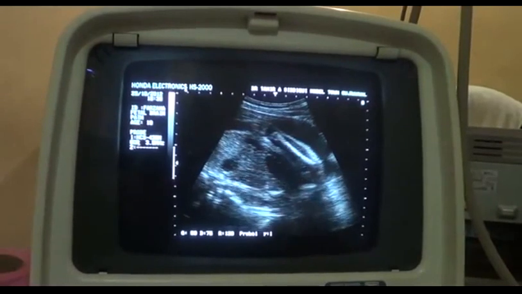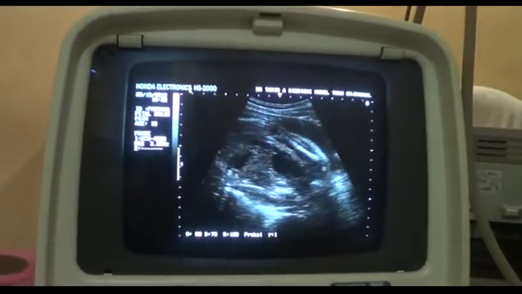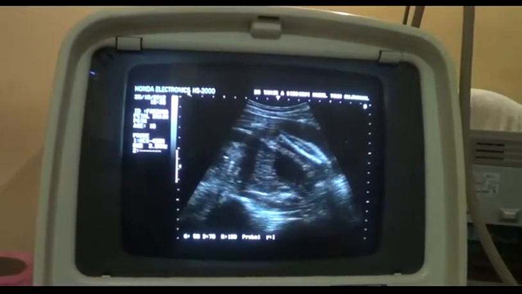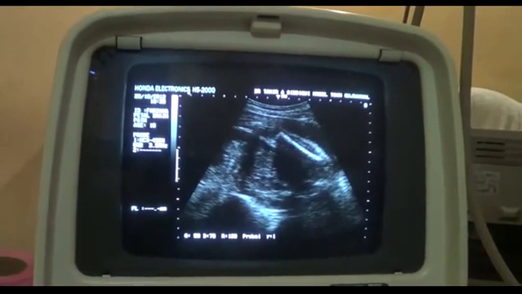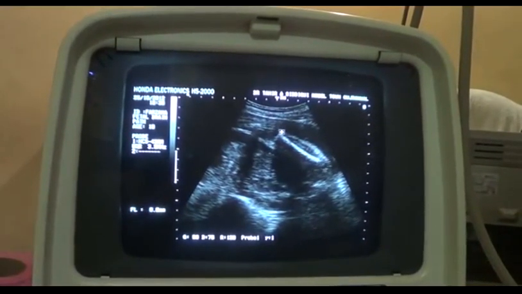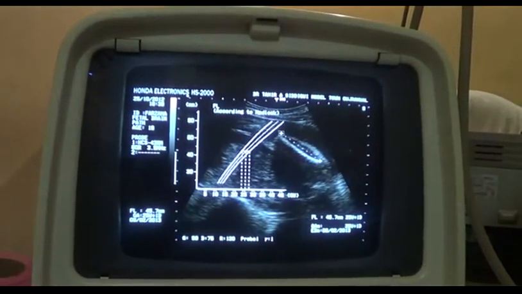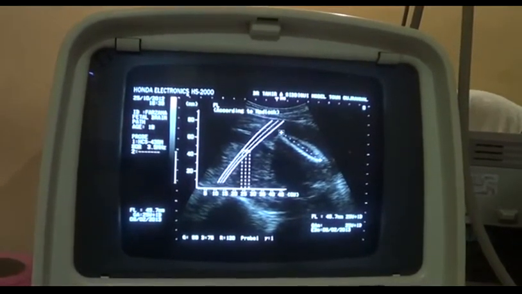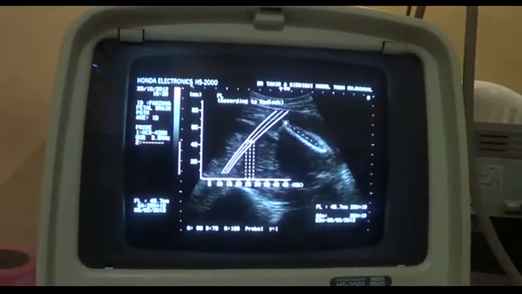So this is the femur, and the femur measures 4.57 centimeters, which is equal to the gestational age of 25 weeks.